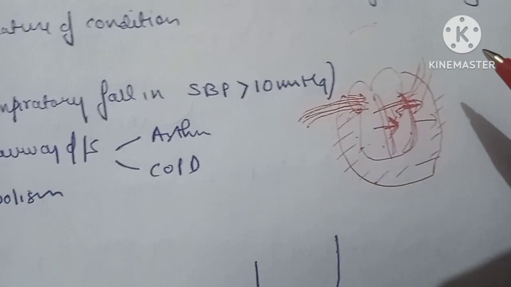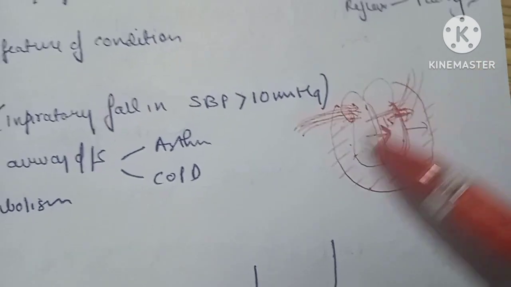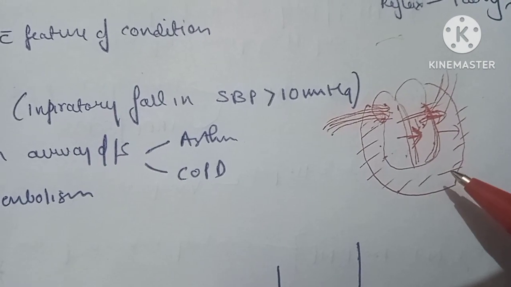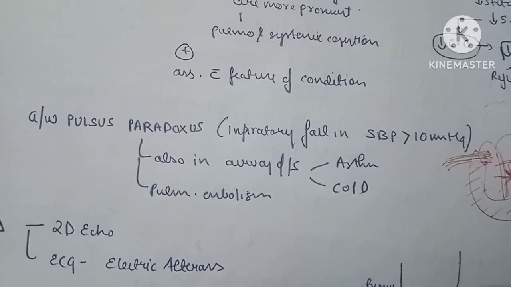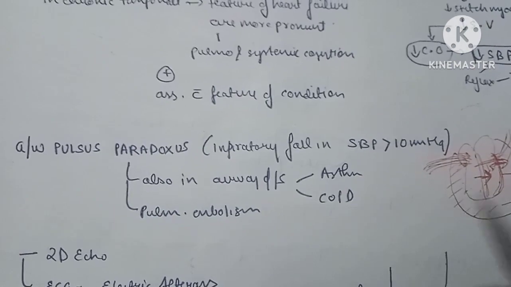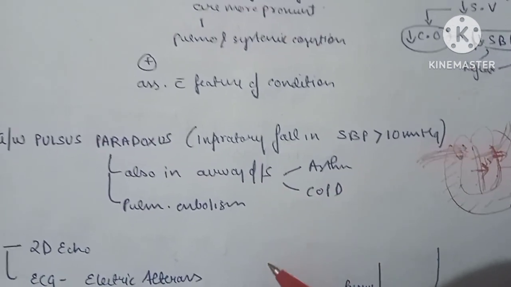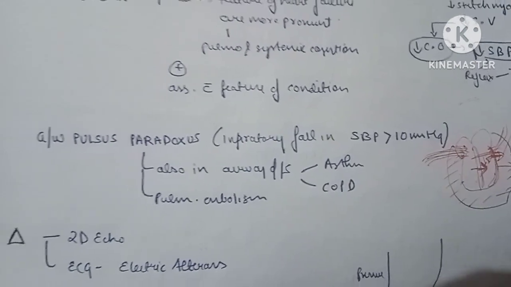This is what we are measuring in pulsus paradoxus. That is, during inspiration, the systolic blood pressure falls by more than 10 mm Hg. This is pulsus paradoxus. It can also be seen in obstructive airway diseases like asthma and COPD, as well as pulmonary embolism.